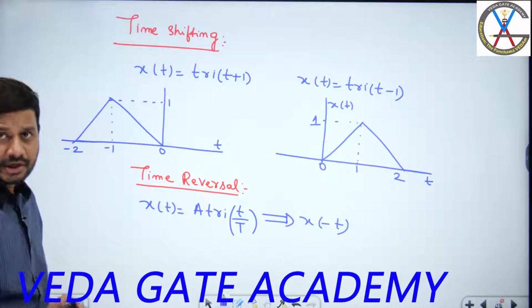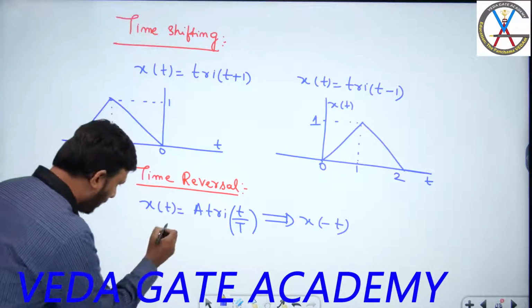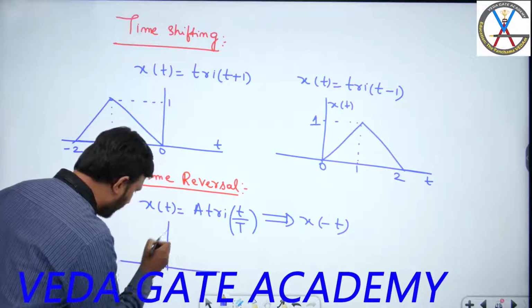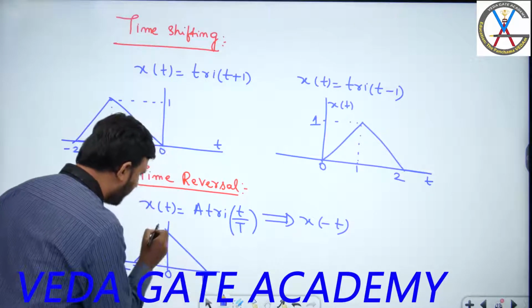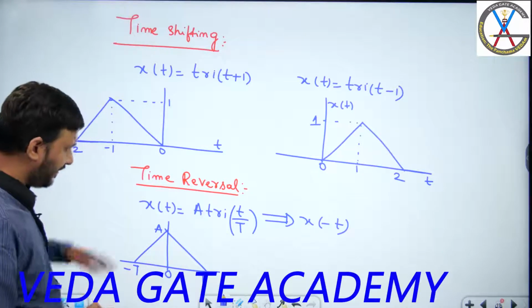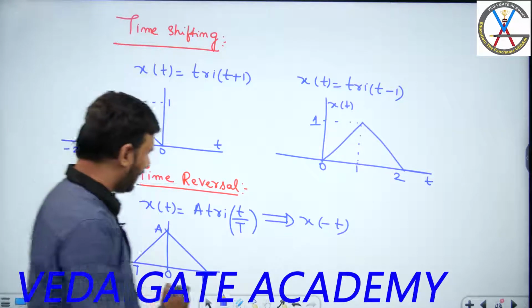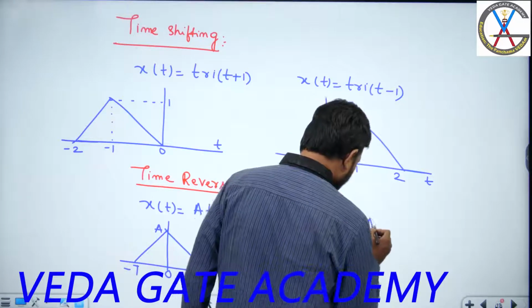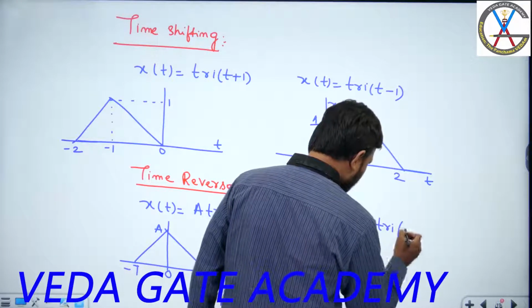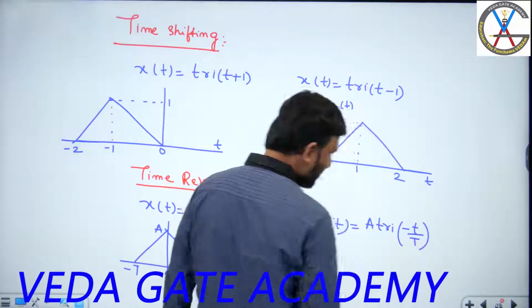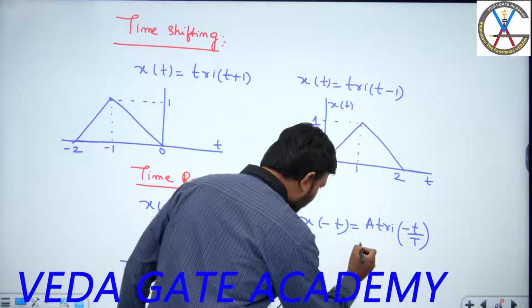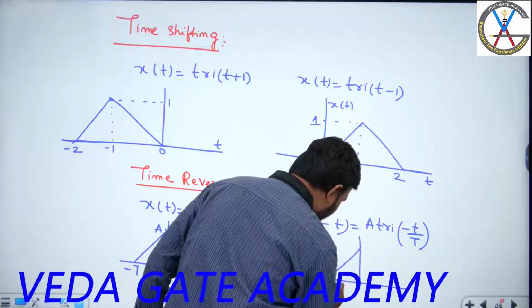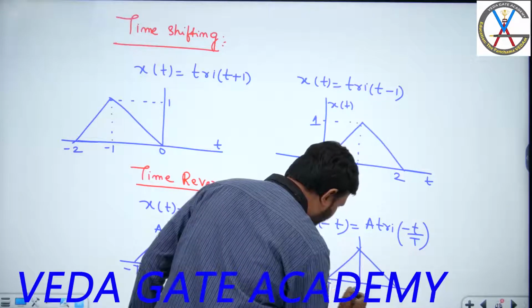Reversal means a mirror image along the vertical axis. This is the triangle pulse, A tri of t by T. This is x of t. Now x of minus t would be A tri of minus t by T, which means take the mirror image, folding the signal along the vertical axis.